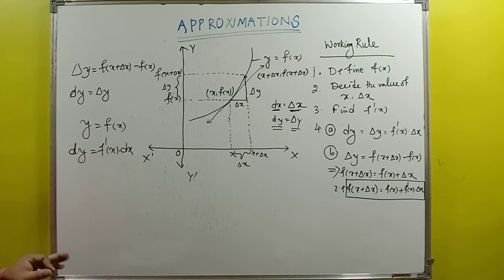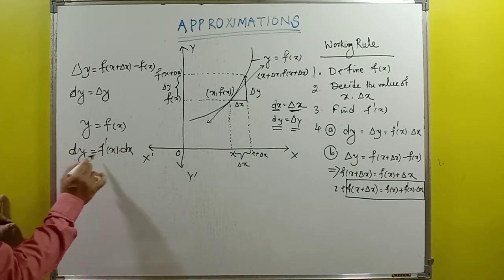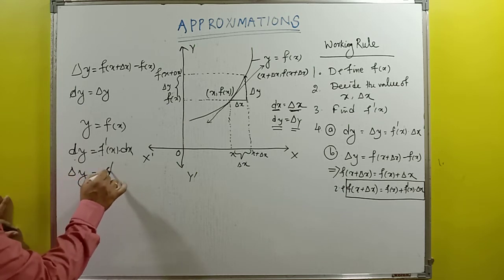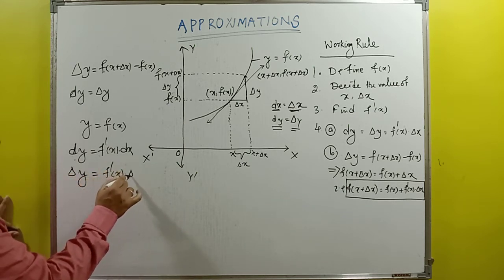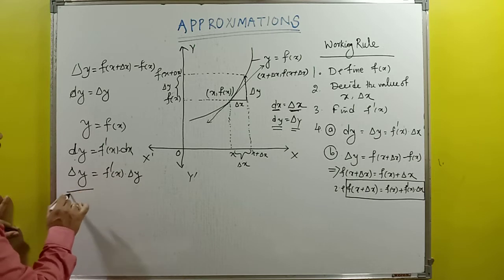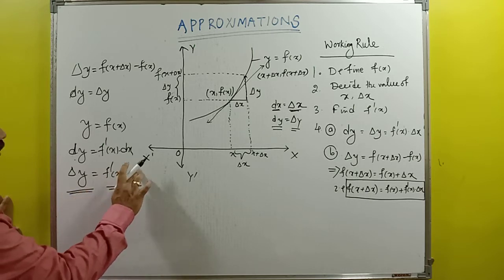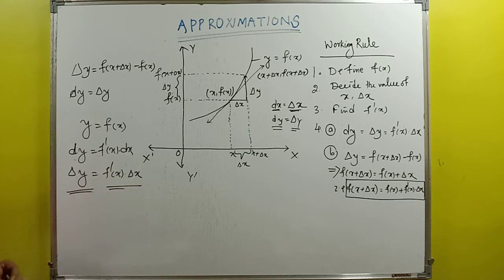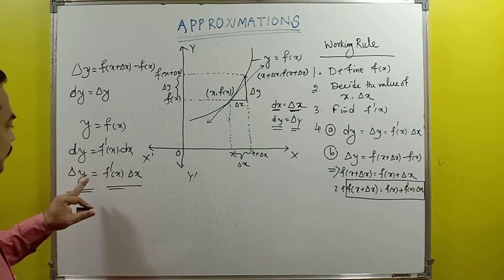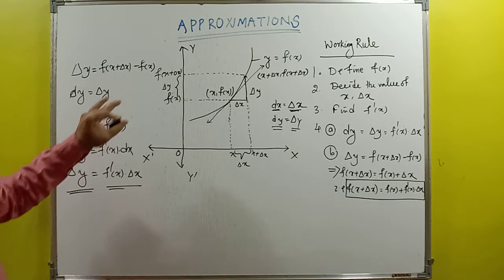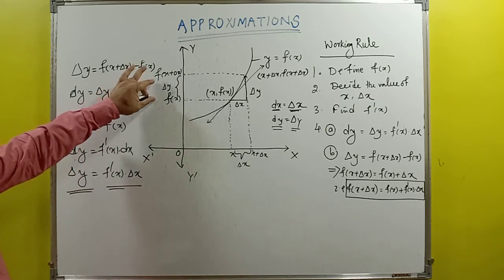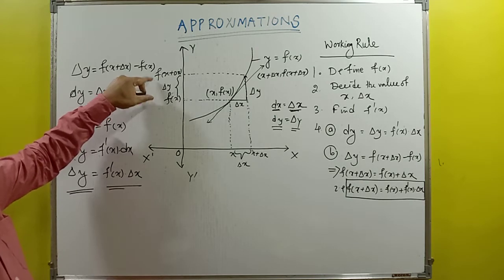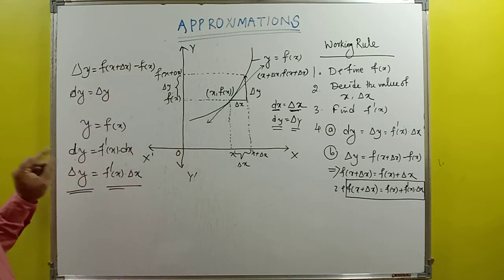Since dy is nothing but del y and dx is del x, to get this del y we require f dash x into del x. And this value is del y, the change. This is the change in x giving the value of the functional change. The functional change is del y.